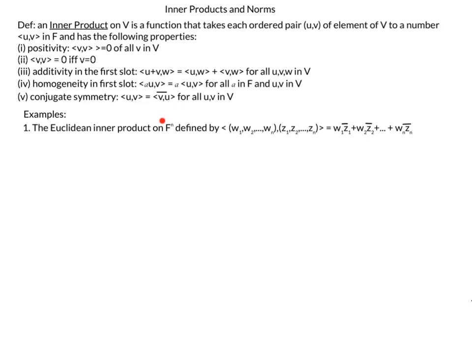Just to repeat this point, for vectors in Fn, that is n-tuples, so vectors that look like w1, w2 up to wn, or z1, z2 up to zn, where these components can be complex numbers, we don't use the regular dot product that we learned in vector calculus, but we use this new inner product.